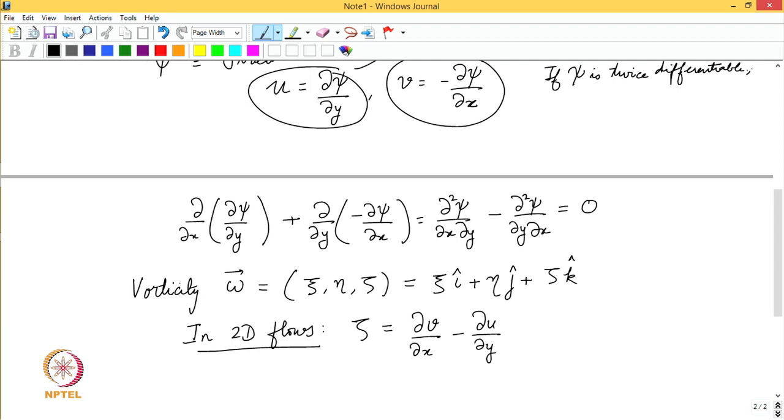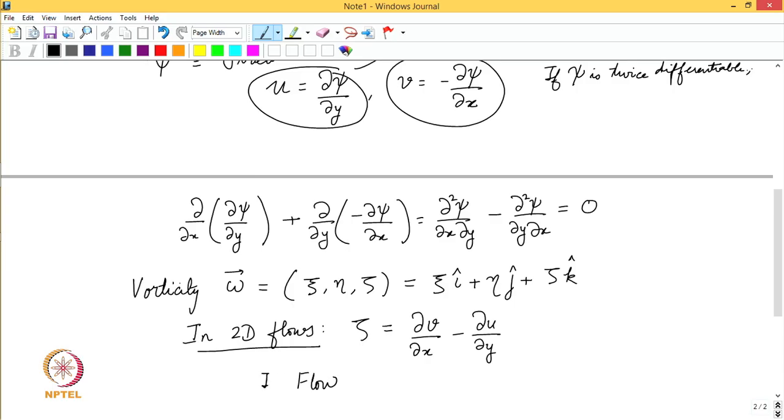Further, if I say that the flow is irrotational, what it means is that zeta should also be 0. That is the only way the flow can be irrotational.